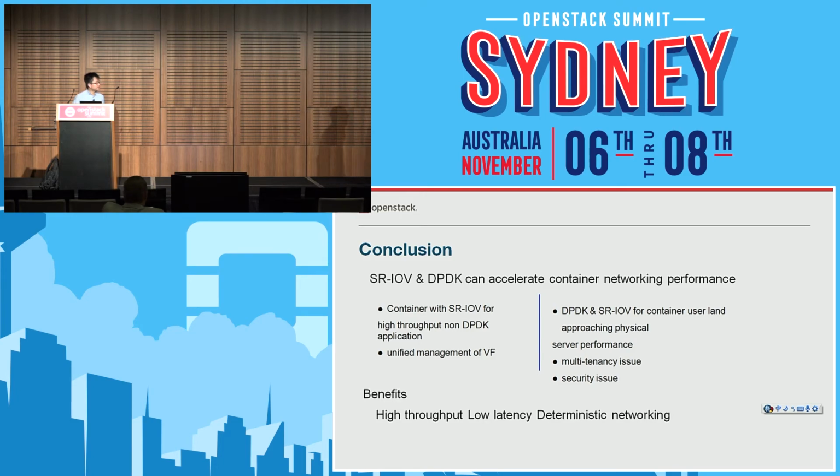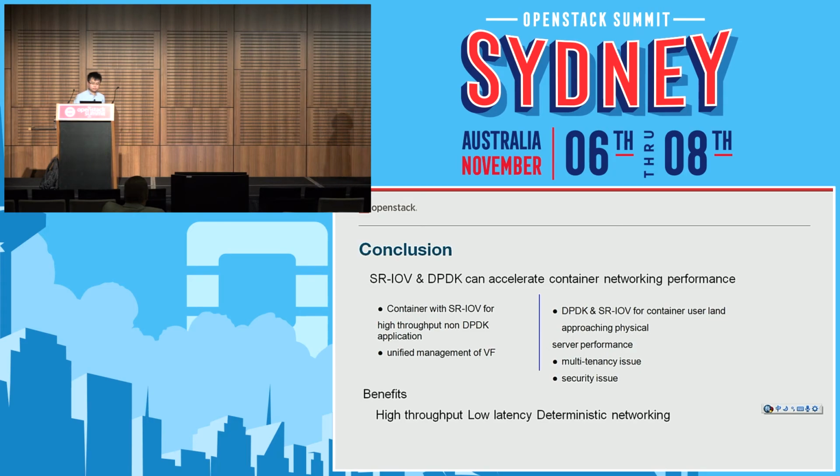Also, in this way, the VFs are managed by OpenStack components. It automatically allocates the available VF to the containers. We have the scheduler to create, manage and use the VFs in the physical server.